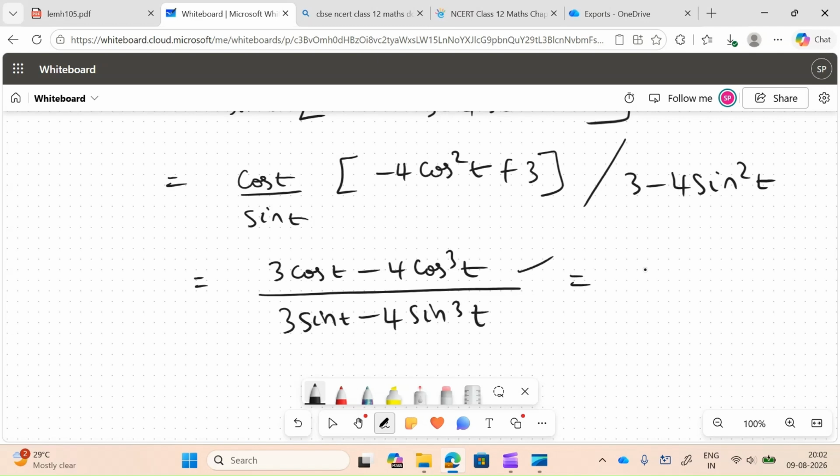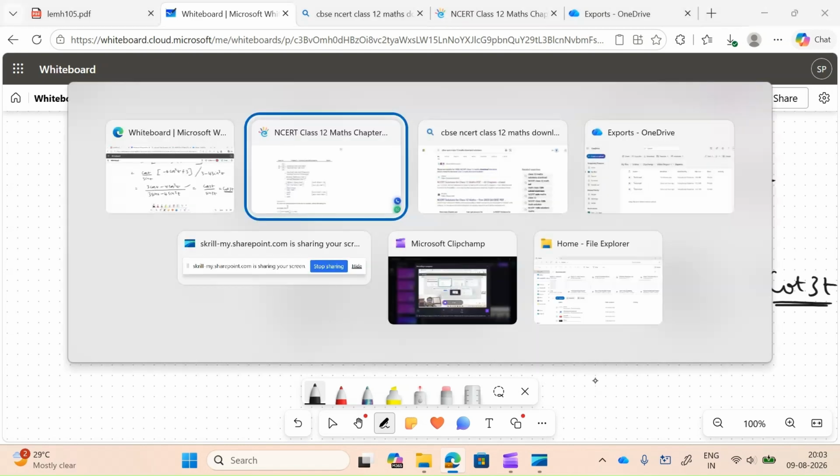This will be nothing but cos 3t. This will be nothing but sin 3t. Understood? So this will be cot 3t. Simple, guys. The calculus part was very simple, right? The trigonometry is a little lengthier.